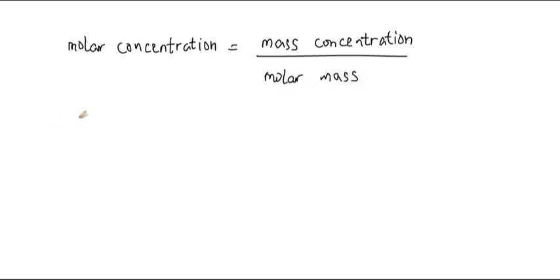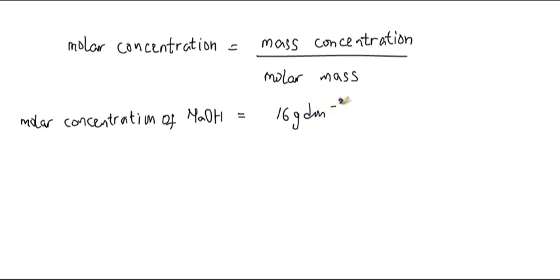Molar concentration of sodium hydroxide will then be the mass concentration. From what we've gotten from our calculations, we have it to be 16 grams per dm³ divided by the molar mass, which is 40 grams per mole.